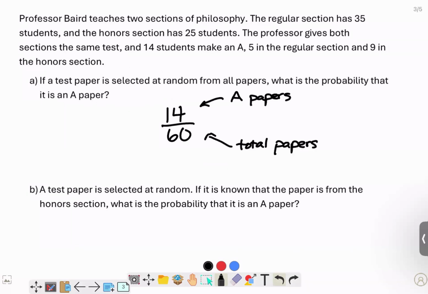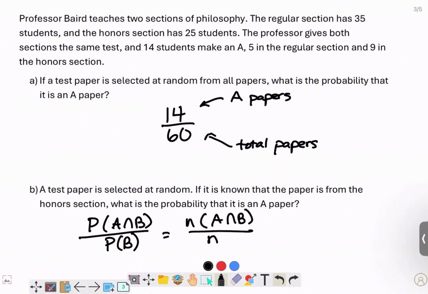Okay, now in part B, we've got an extra condition that we know the paper came from the honors section. So here we're finding the probability that we choose an A paper, given that we're choosing from the honors section. I'm using this formula, and in a situation where the events are equally likely, this is equivalent to using the number of items in the intersection over the number of items in B. For us, the intersection is the students who had an A paper who are also in the honors section.